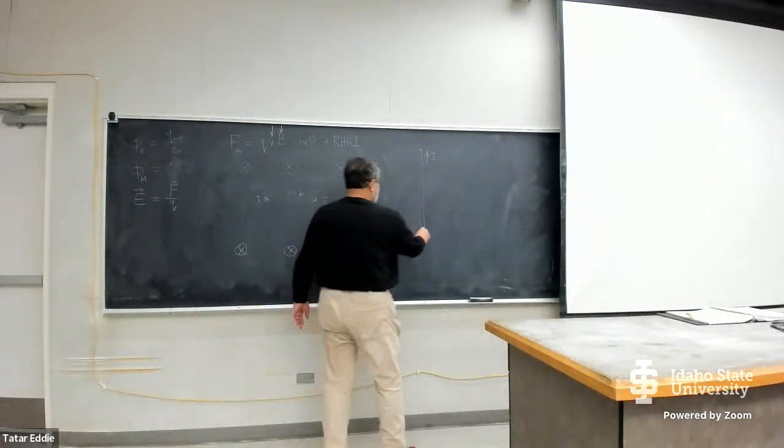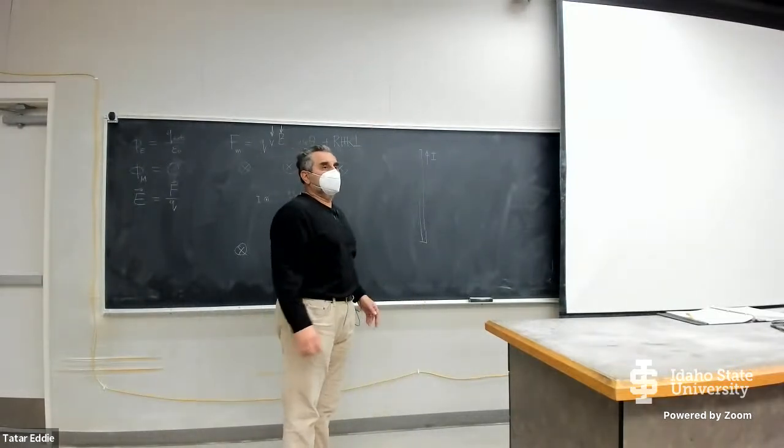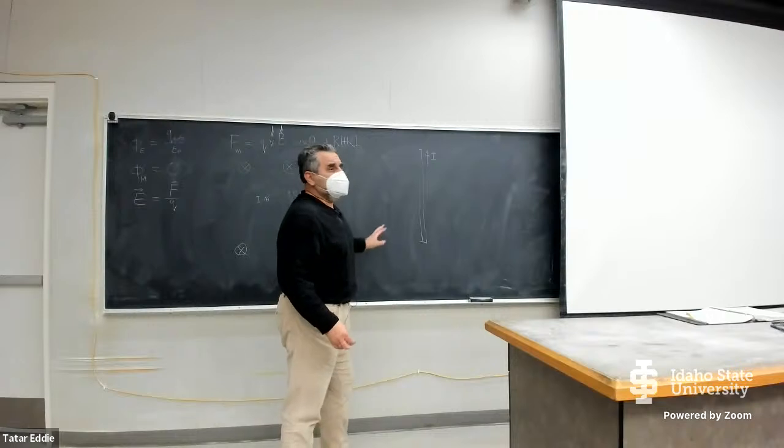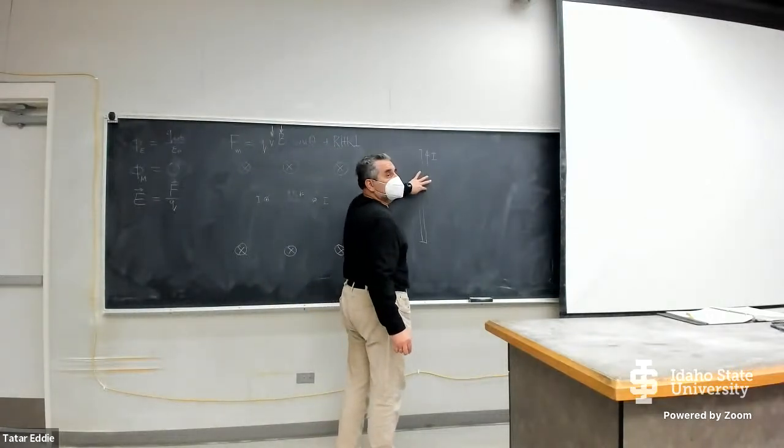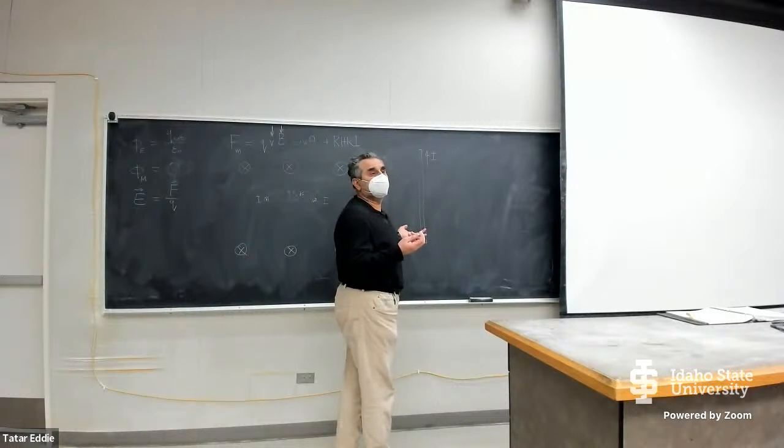Well, if this piece of wire is almost infinitely long, it is clear that the magnetic field close to the current is going to be stronger.